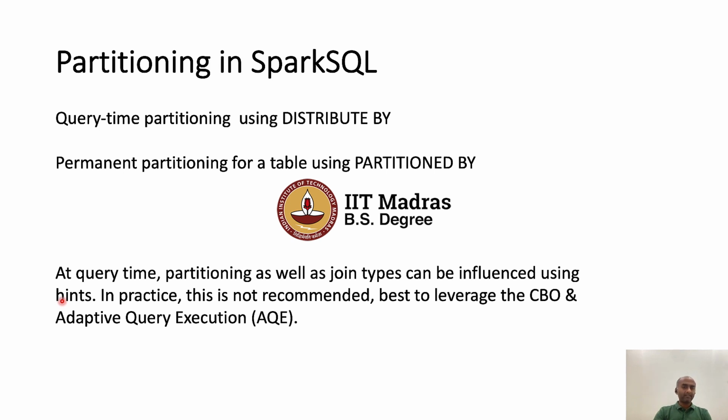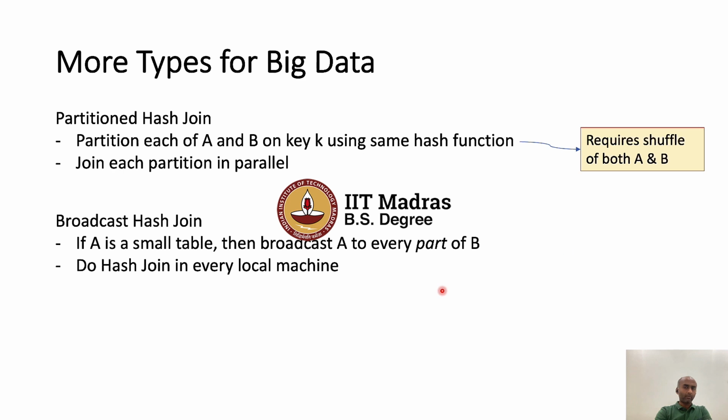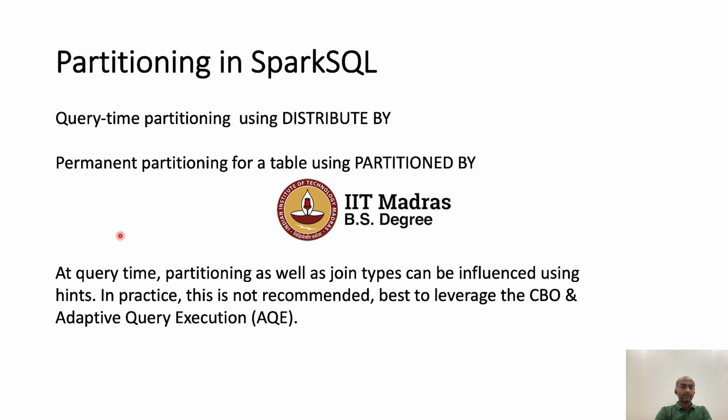So the best practice is in fact you should leverage the cost-based optimizer and features like adaptive query execution that's there in SparkSQL and use that to your advantage. Remember we spoke about stats, we spoke about rule model, cost model, and those play a role in determining if A is small, etc., right?